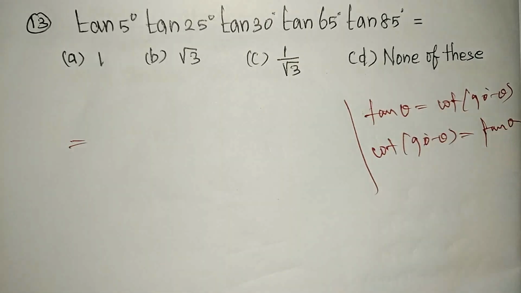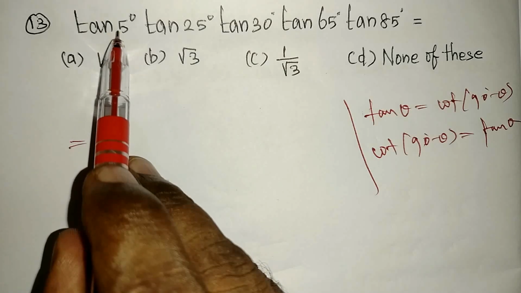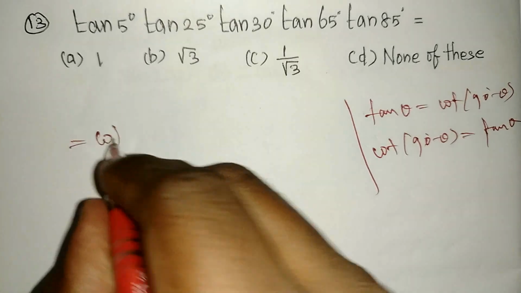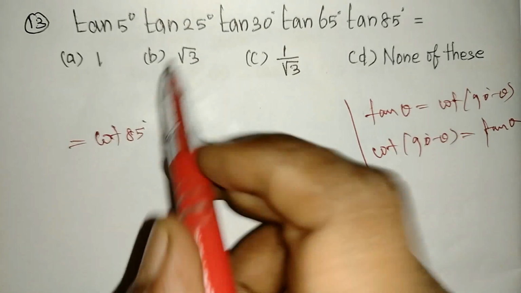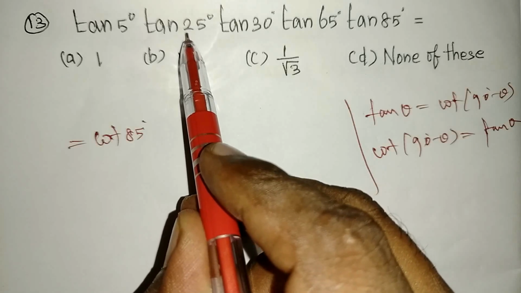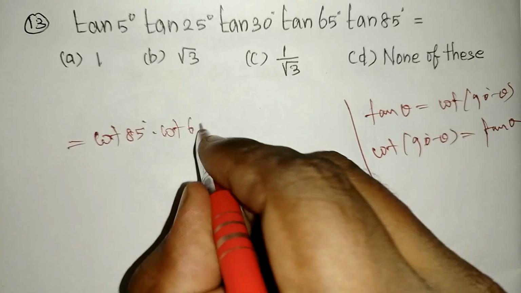So this complement only I'm going to use. Okay, now if you write 90 minus 85, you will definitely get 5. So you will get here cot 85 degree. Likewise the tan 25 we can write as tan of 90 minus 65, then you will get 25, so that you will get here cot 65.